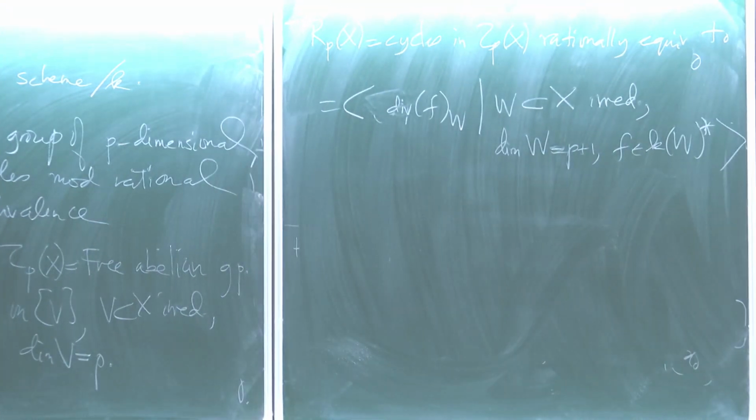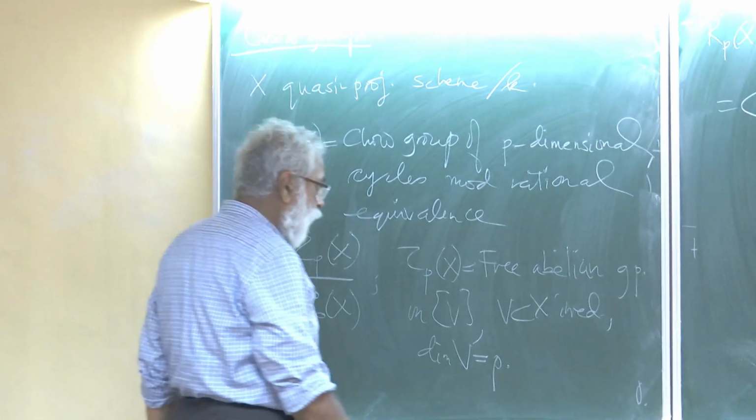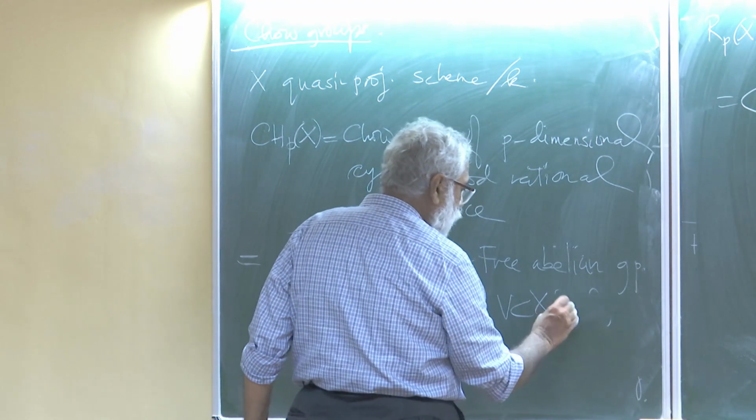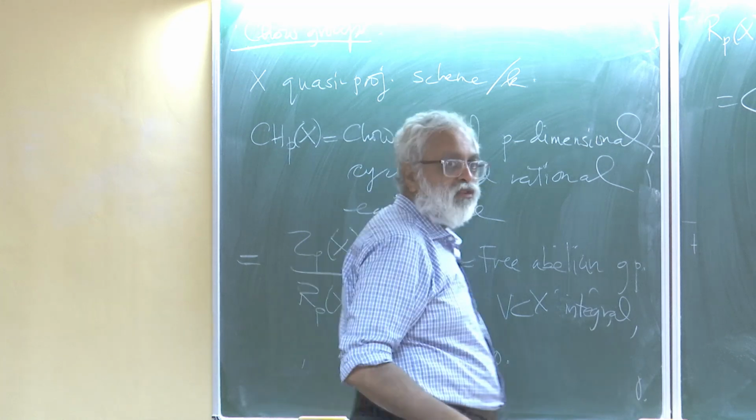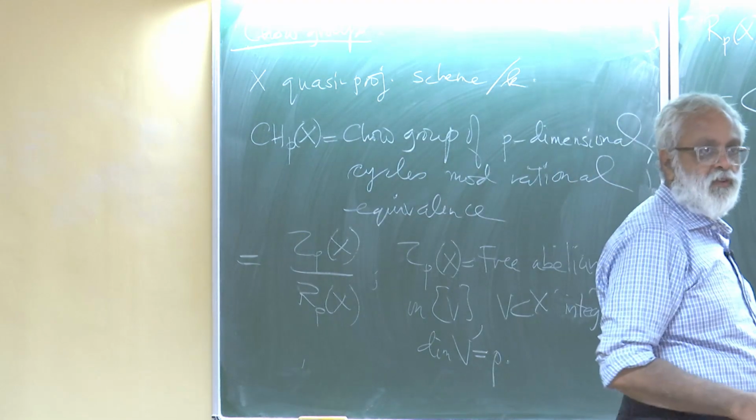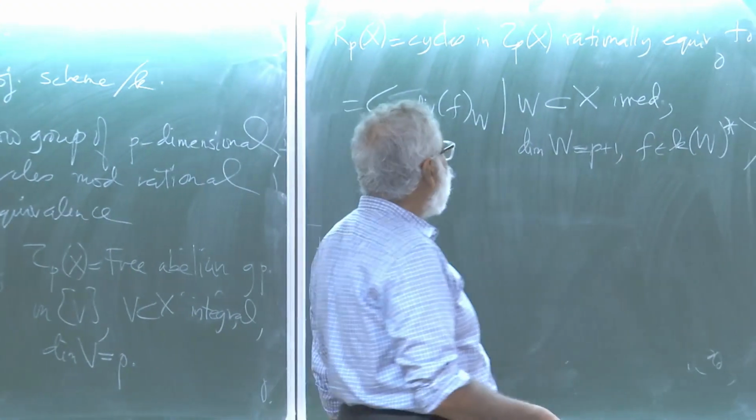Oh, when I write irreducible, maybe I should be more careful. I should really write integral. Irreducible is just about the topology. Integral is also saying something about the scheme structure. Similarly here.